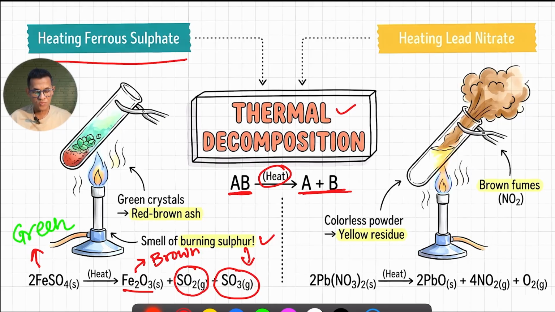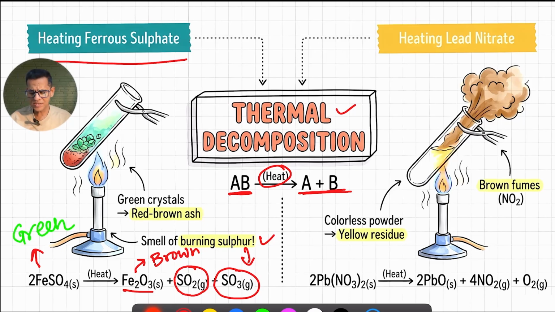So this is how ferrous sulfate decomposes to form ferric oxide, sulfur dioxide and sulfur trioxide. Two things you have to remember: color changes from green to brown, and also the smell of burning sulfur, or rotten egg smell, is released.